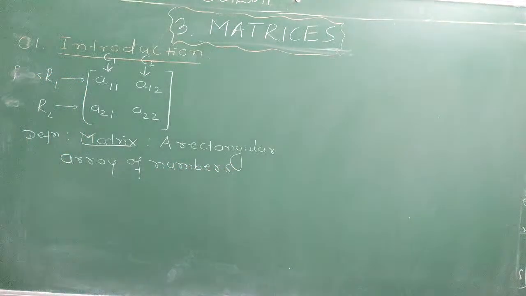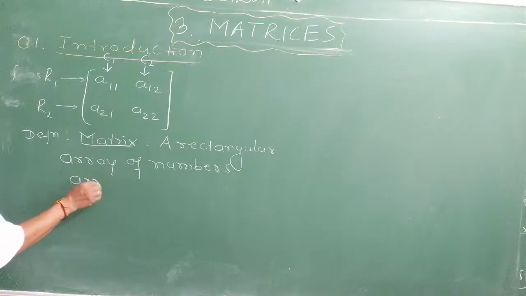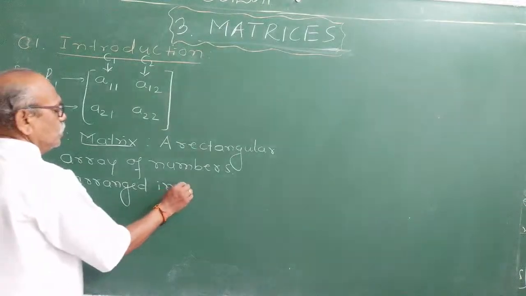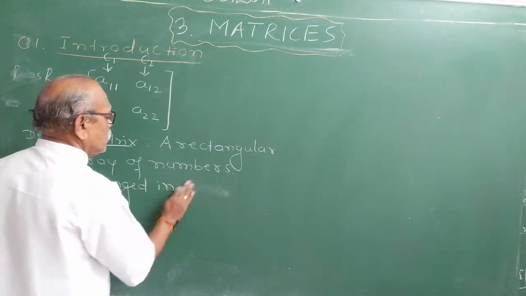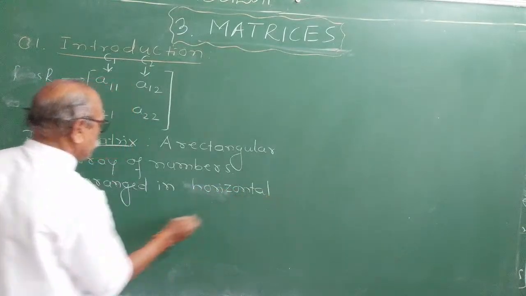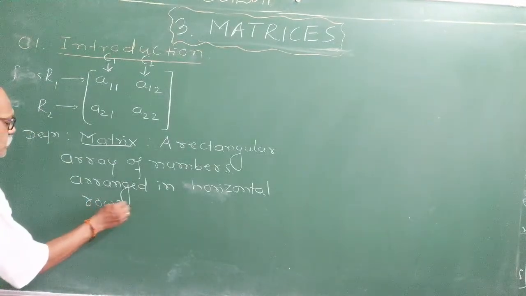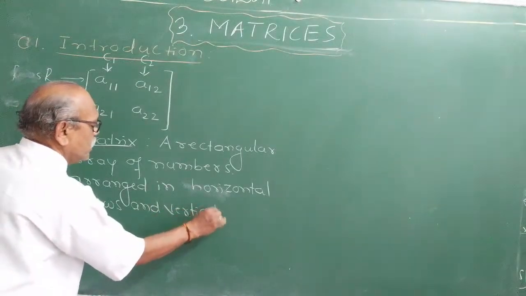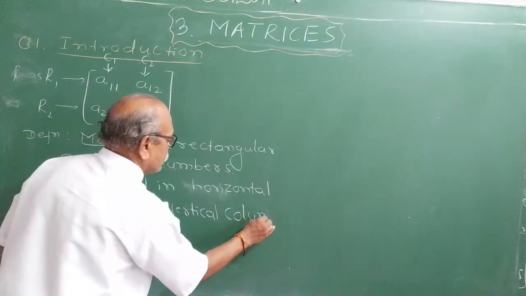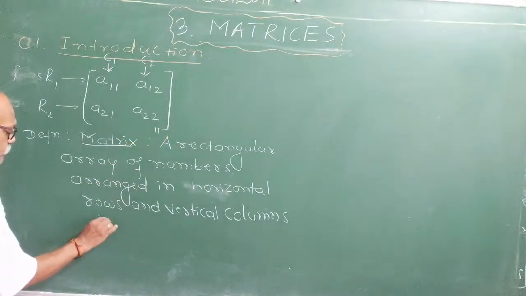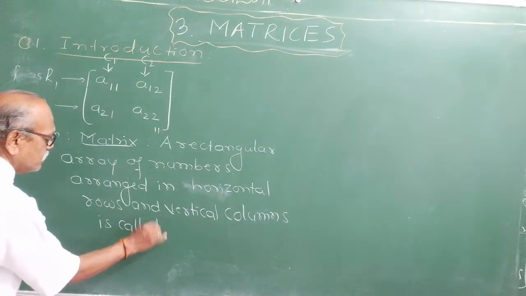A rectangular array of numbers arranged in rows and columns, horizontal rows and vertical columns, is called a matrix. Try to understand.